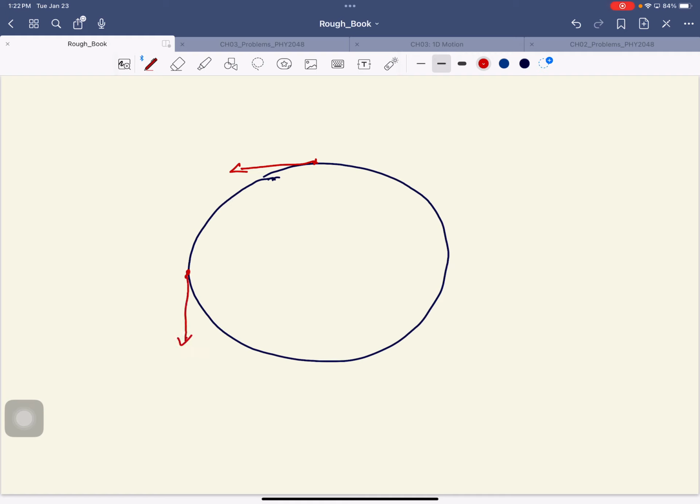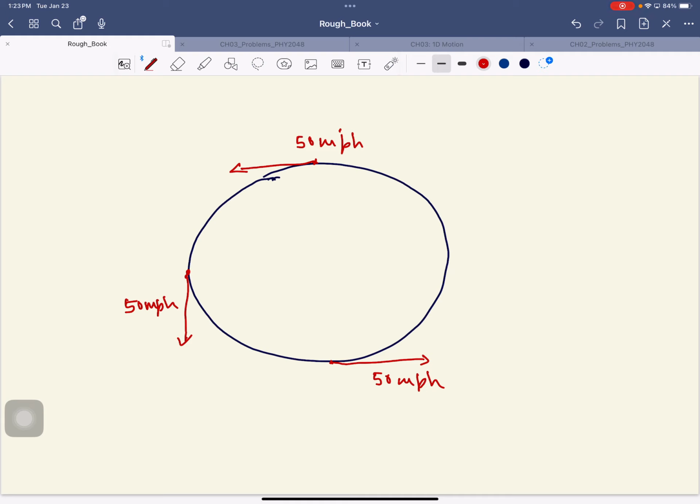So let's say we drive around in circles, and we're going to drive around at 50 miles per hour. Are you accelerating? No. Everybody agree?